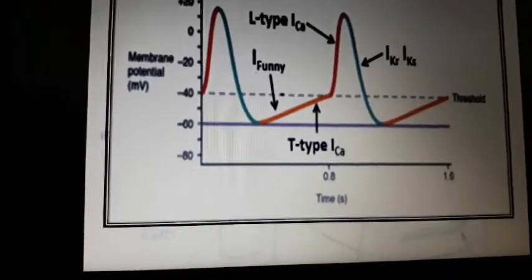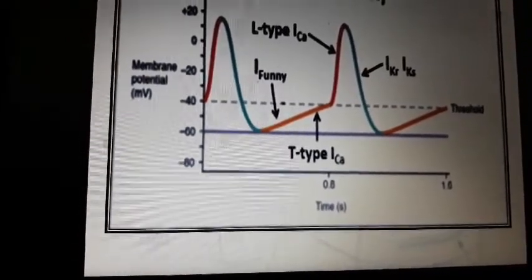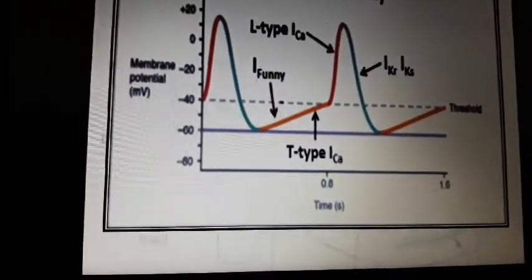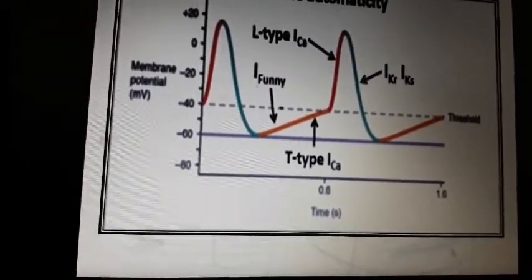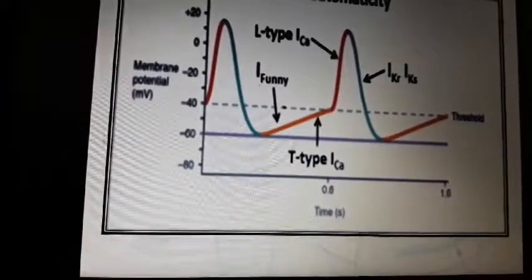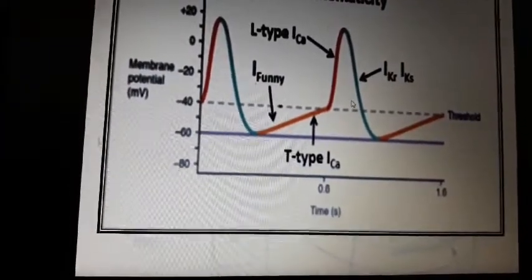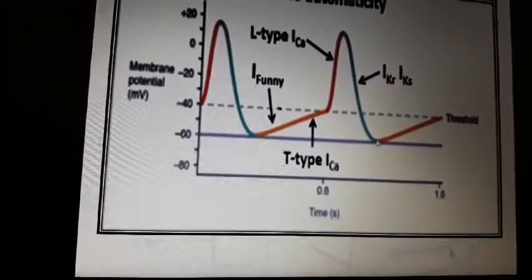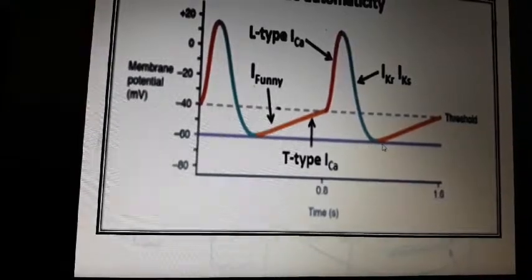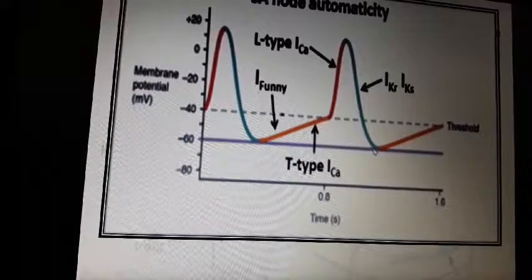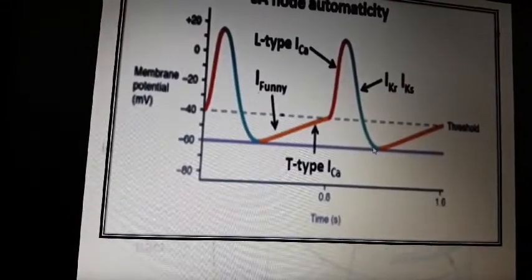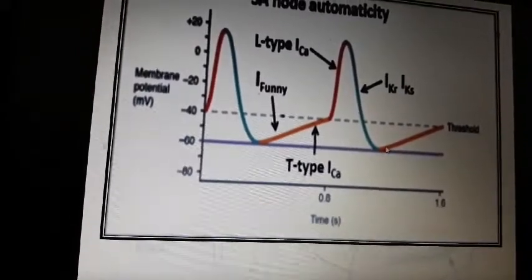As the RMP of the pacemaker is never steady, there's again opening of the funny and leaky type of sodium channels. So this slow depolarization is actually never touching or making a flat line. This means that the slow depolarization is a contribution of potassium channels as well as funny type of sodium channels.